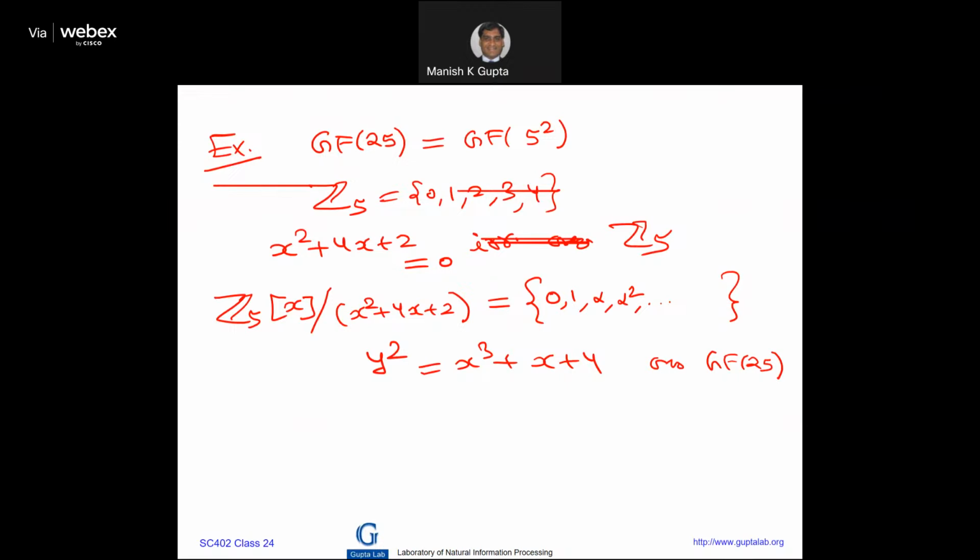And then this quantity I need to vary. So first, when x is equal to 0, this equation will be y square is equal to 4. So whether 4 is a quadratic residue or not, you need to check that, right?